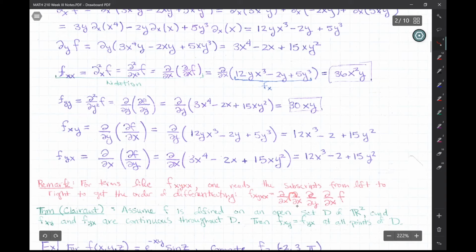Then the second to last. Then look at that y there. That's the second one that we take. And this x here denotes the first derivative. Okay, so you read from left to right of these subscripts, and from left to right you're given the order. The first one on the left is x, there's an x. The second one is y, there's a y, and so on.